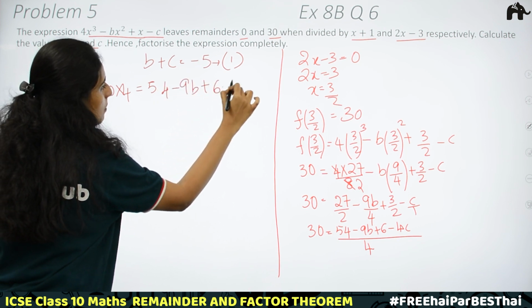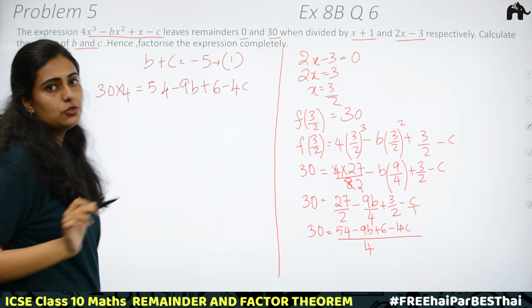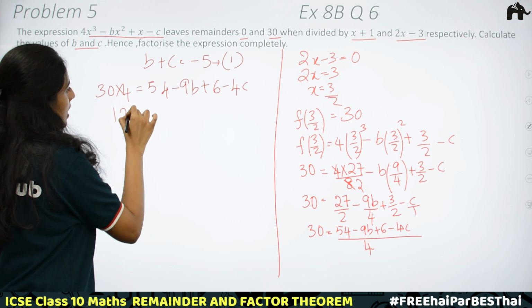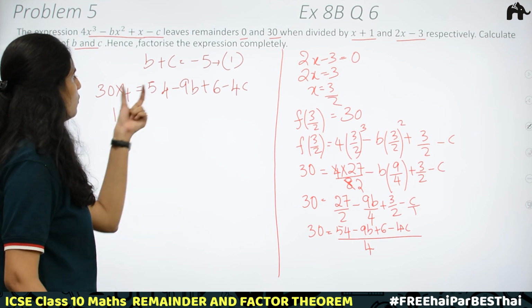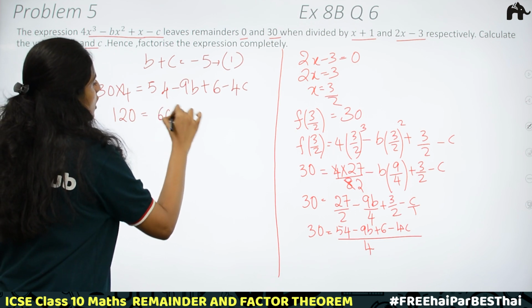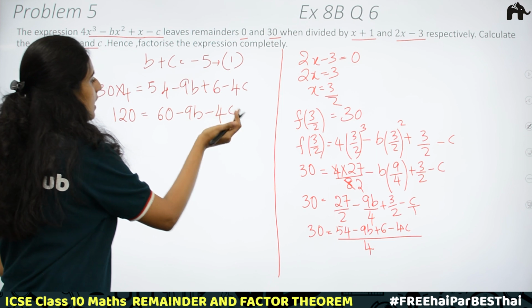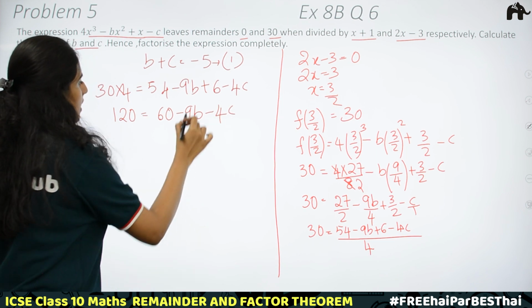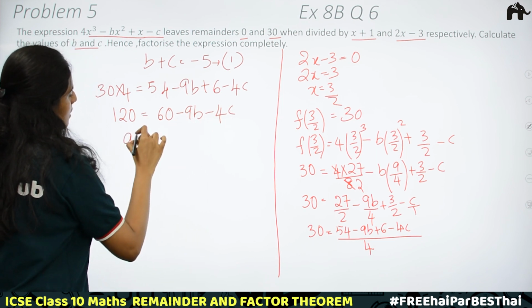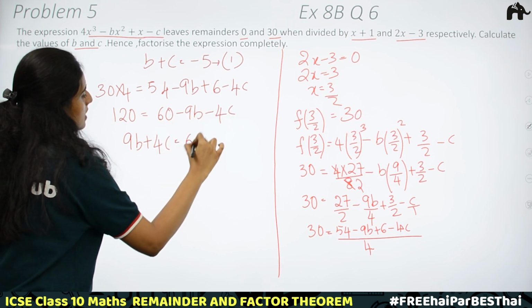plus 6 minus 4c. That is 30 into 4, 120. 120 is equal to 54 plus 6 is equal to 60. 60 minus 9b minus 4c. Taking them to the opposite side, minus 9b becomes plus 9b, minus 4c becomes plus 4c is equal to 60.